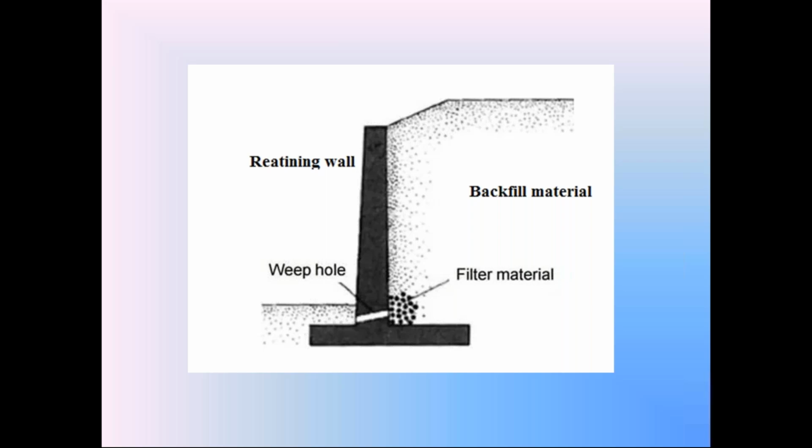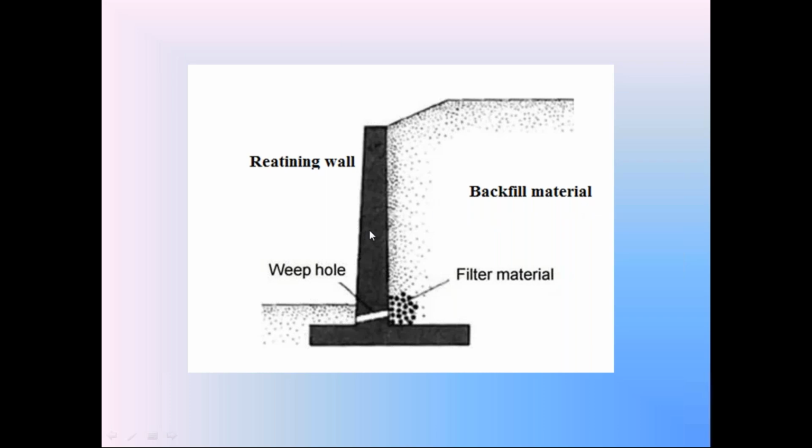In a few cases, the retaining wall may have a small horizontal movement. In that horizontal movement, if the retaining wall is moving away from the backfill material, what is that backfill material? The soil supported by the retaining wall is called backfill material.